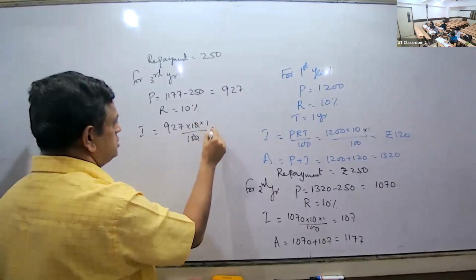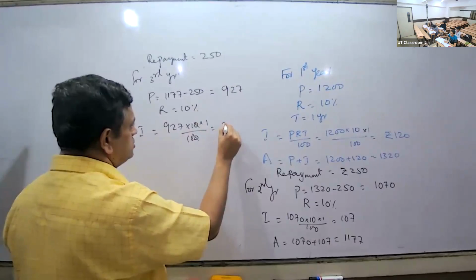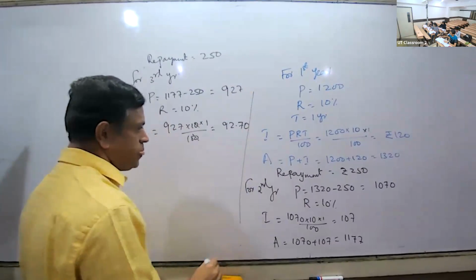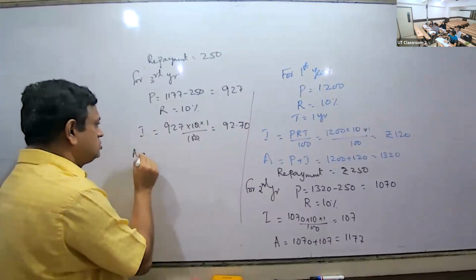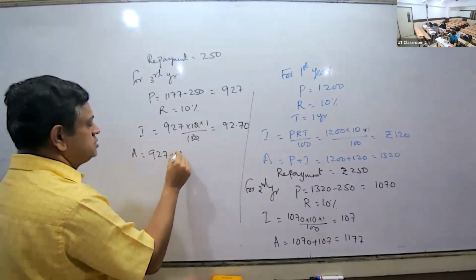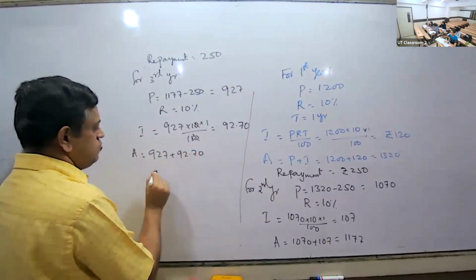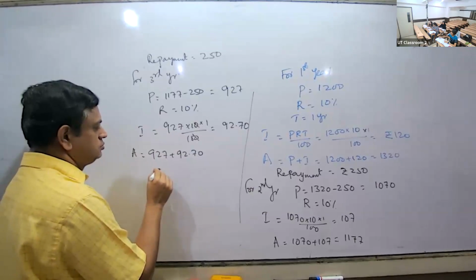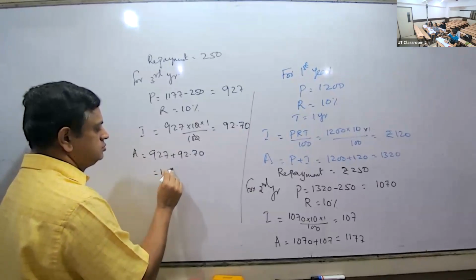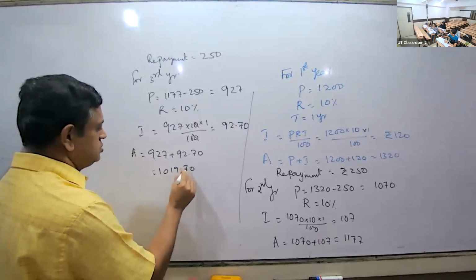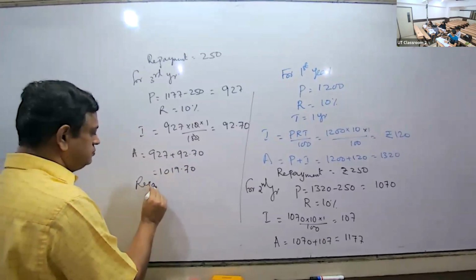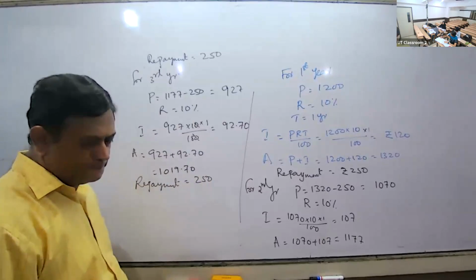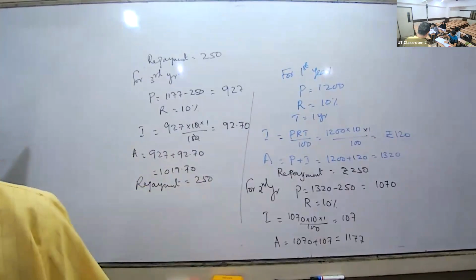The zero will cancel, 927 by 10, that is 92.70. Always remember. And for amount, 927 plus 92.70, which is 1019.70. Repayment is equal to 250. Is it or not? Yes, sir.